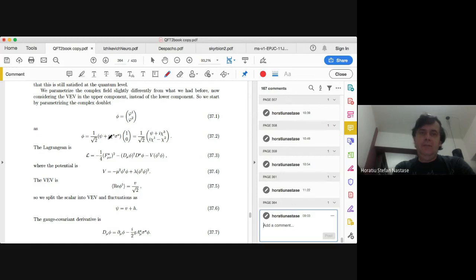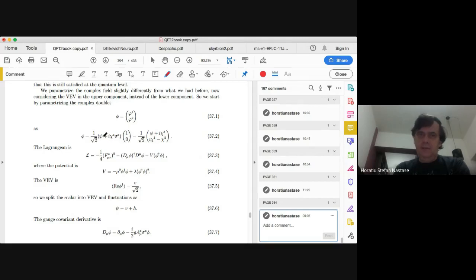But the parameterization that we choose for the real and imaginary lower and upper components is as follows. We write phi as 1 over square root 2 times psi plus i chi a sigma a, where sigma a are the Pauli matrices, times the column vector (1, 0).